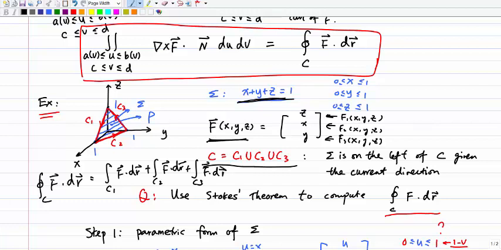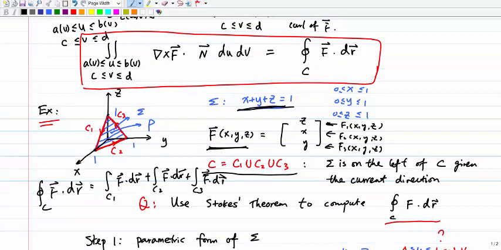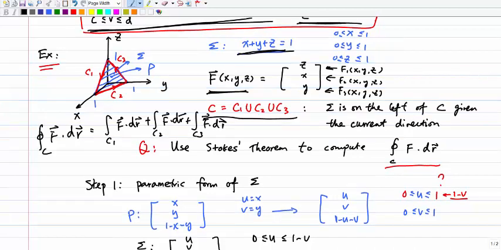But we can use Stokes theorem to compute this. Now I'm going to show you how. According to Stokes theorem, in order to compute this, we have to find a parametric form of my surface sigma. So step one is to find a parametric form of the surface sigma.